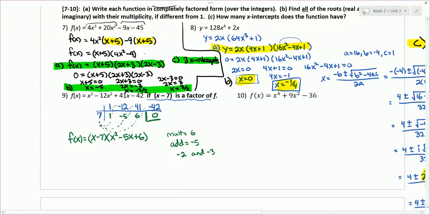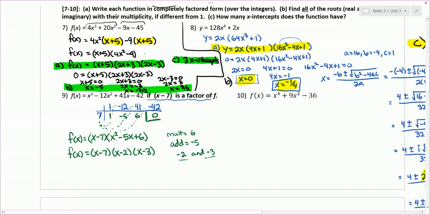And if the leading coefficient is a 1, then we can take the shortcut and go to direct factorization. So we get f of x is x minus 7, and then the x squared minus 5x plus 6 factors to x minus 2 and x minus 3, because we got the negative 2 and the negative 3.